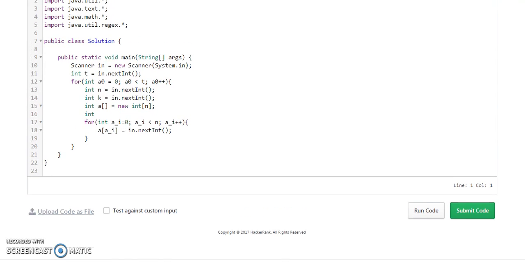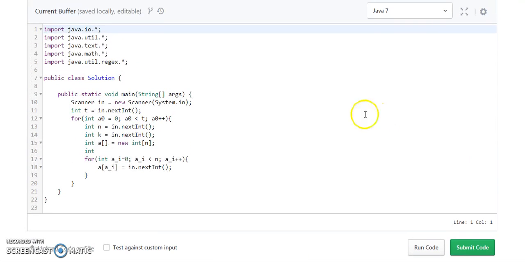So what they have done there: they have taken t, which is the number of test cases, and they are iterating till t. n is the number of students. k is the number of students expected to be in the class. And a means the arrival time of the students.